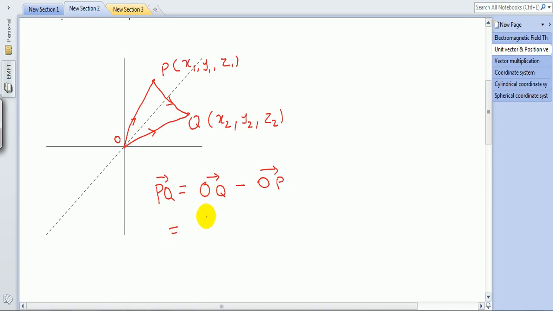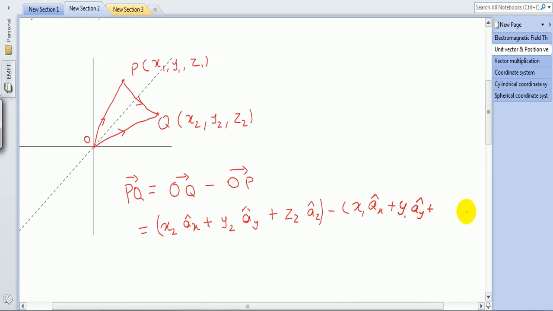So OQ vector can be simply written as x2 ax cap plus y2 ay cap plus z2 az cap, minus the OP vector, which, as I have written earlier, is x1 ax cap plus y1 ay cap plus z1 az cap.